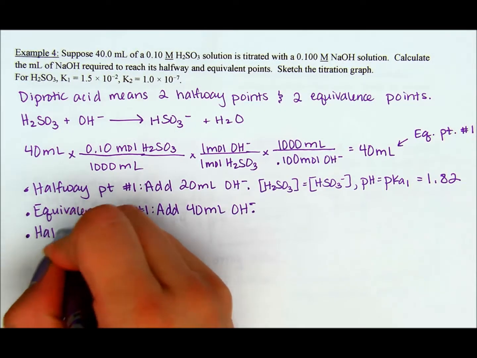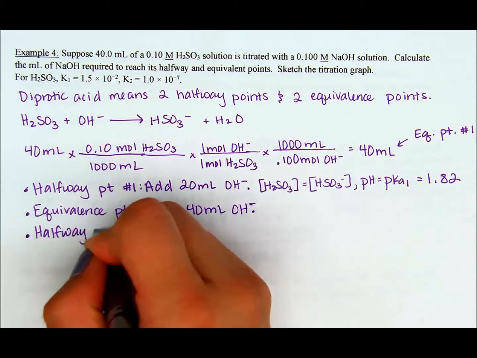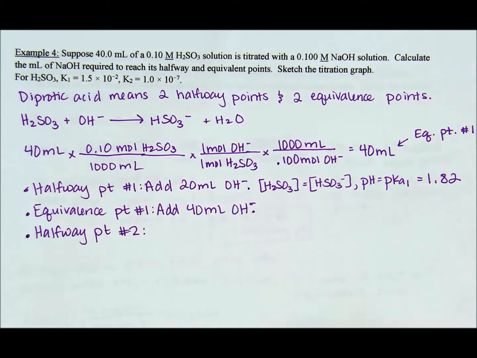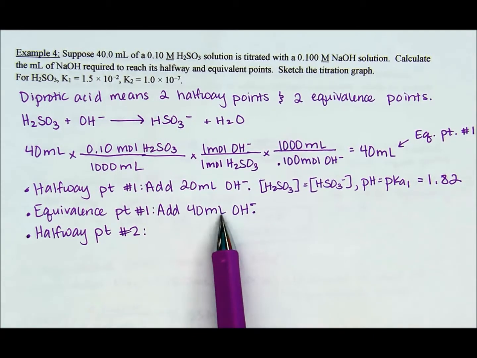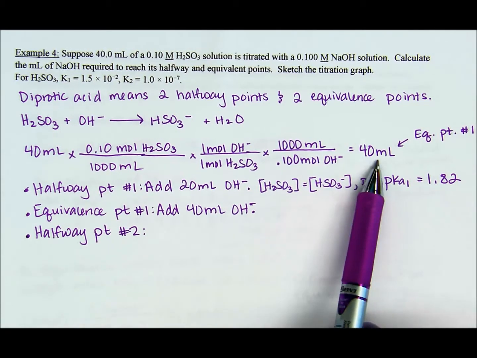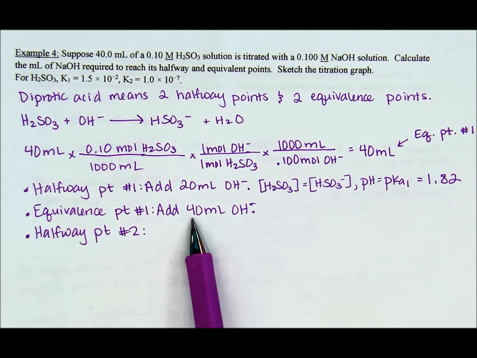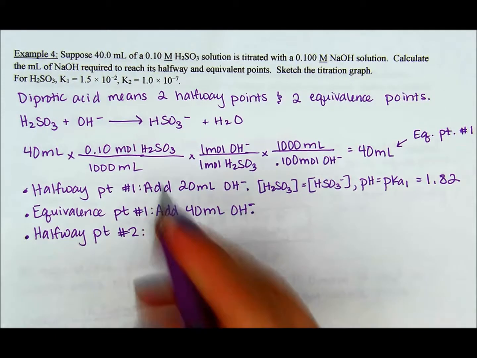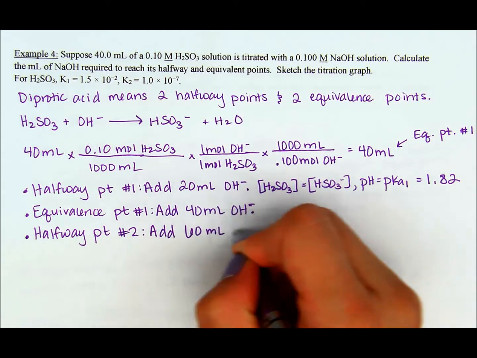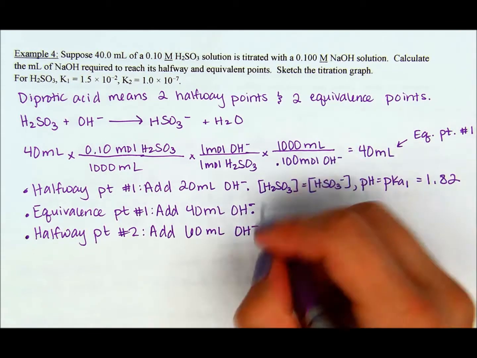Halfway point number 2. To get to halfway point number 2, we need to add 20 more milliliters to pull off the next proton. So we added 20 to go to halfway point 1, 40 to go to the equivalence point 1, and now we're going to add another 20, so we get a total of 60 milliliters of hydroxide.